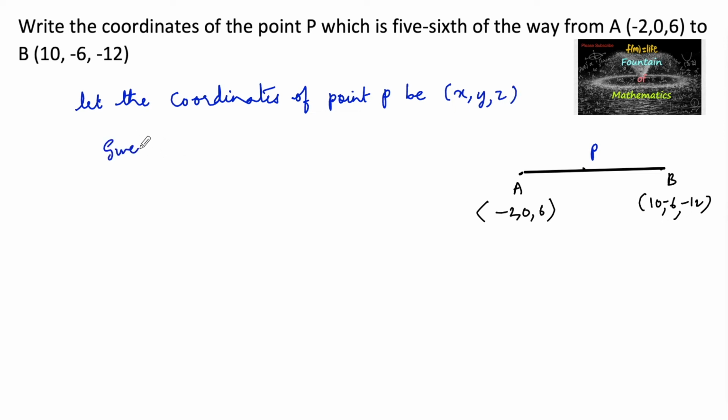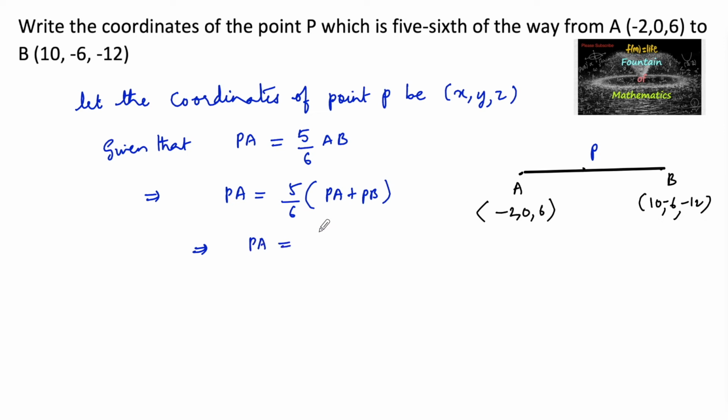So given that PA is equal to 5/6 of the way from A to B, that is 5/6 times AB is given, or this can also be written as PA is equal to 5/6 times (PA plus PB), or we can write PA is equal to 5/6 times PA plus 5/6 times PB.